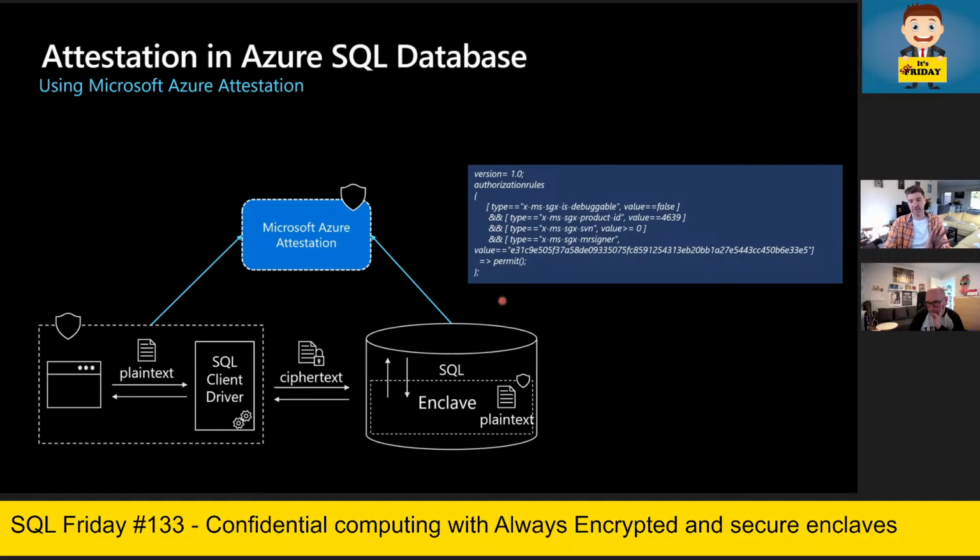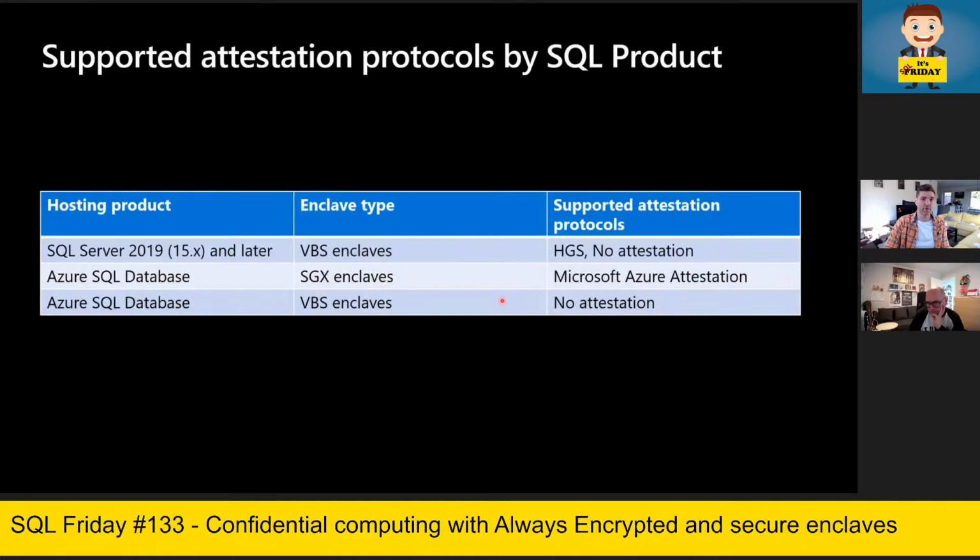It's all documented in the Always Encrypted documentation, but this is necessary for Intel SGX enclaves. For VBS enclaves, we currently do not support attestation. We're working on that, but for the moment, we do not support attestation. So the difference is SGX enclaves use Microsoft Azure Attestation; for VBS enclaves, there's no attestation available.